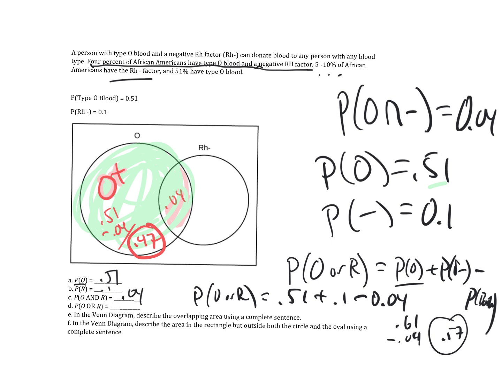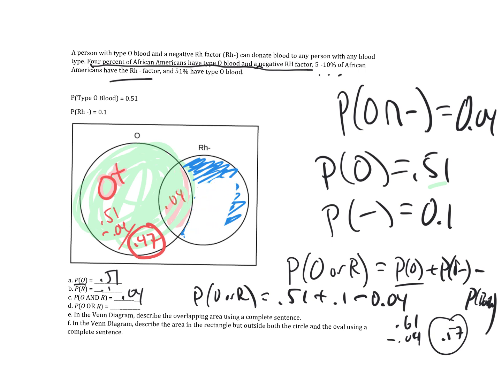Now, how about doing the same thing with Rh negative? I know I'm going way beyond, well, I guess I'm answering the questions here. Let's set this up. Maybe I'm being confusing, but I hope not. So now I'd really like to find out what probability of people are Rh negative but don't have O blood.